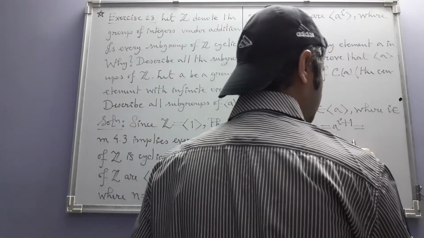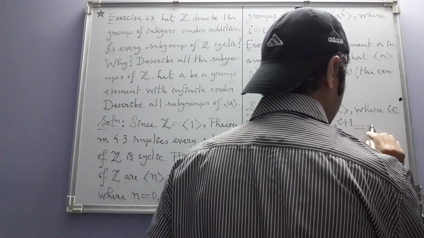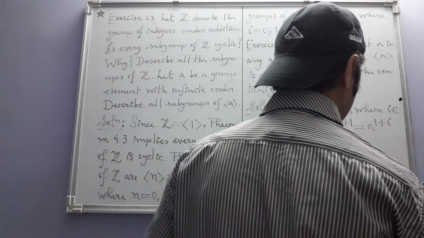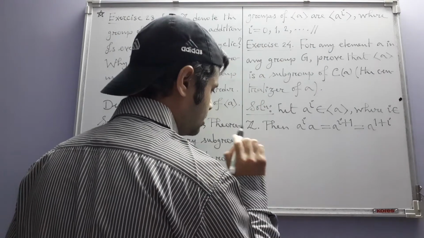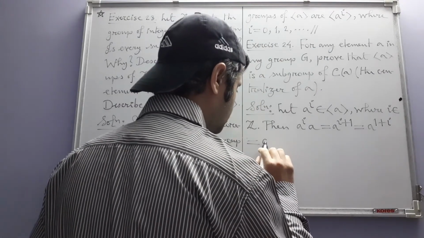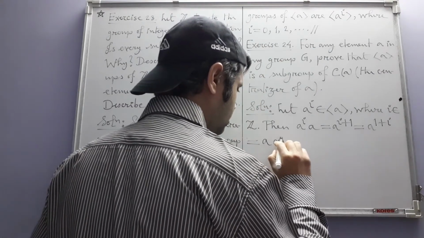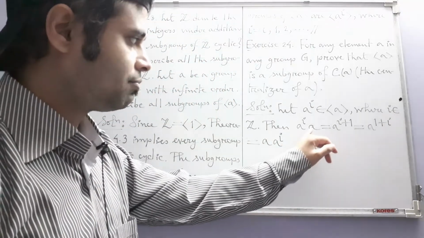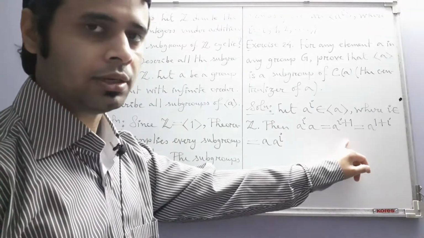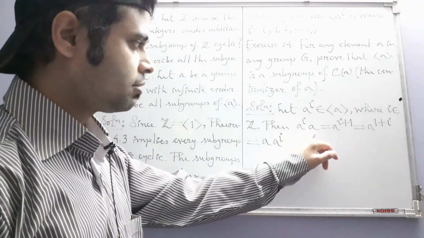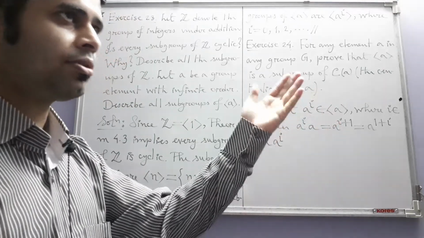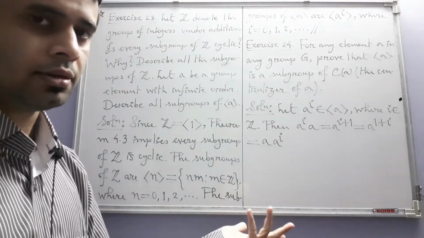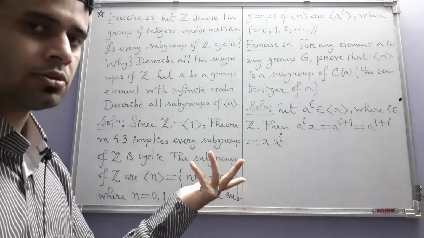Now because addition of ordinary integers is commutative, we can write it like this, and this again by the rule of exponent is A times A to the power i. Actually, ideally I should have written one more step here, where in place of A I should write A to the power 1, which by the definition of integral powers is nothing but A, but I choose to not write that.